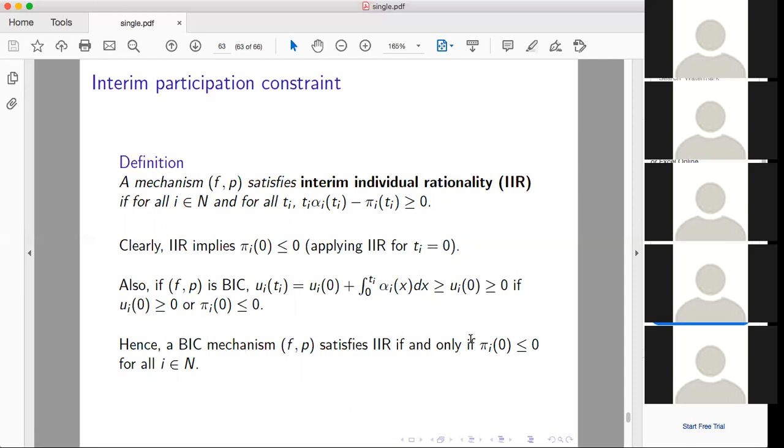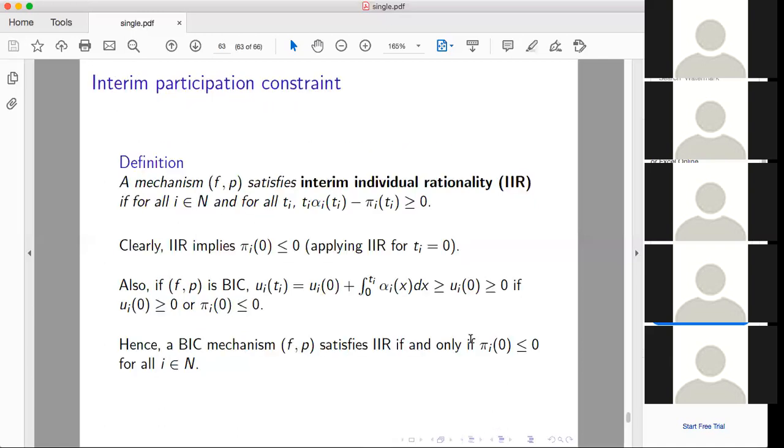So what we have done is we have looked at dominant strategy and BIC characterizations using these convex analysis techniques. And we have also looked at the interim and ex post participation constraints and how we can leverage our characterization to give if and only if conditions for those participation constraints also.